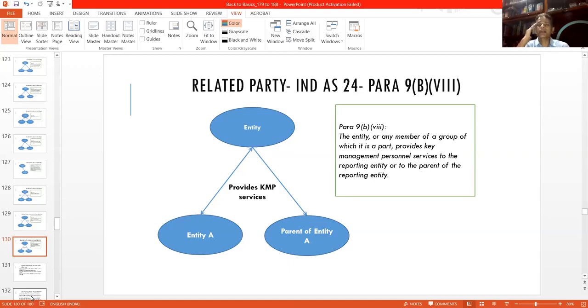So the point I was making is that the definition under 2(76) is very easy to escape. The definition under Ind AS 24 9A and B will be far more difficult to escape.